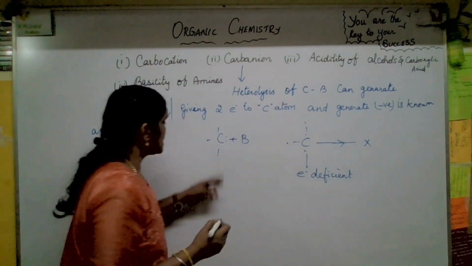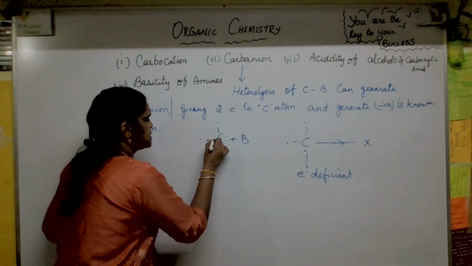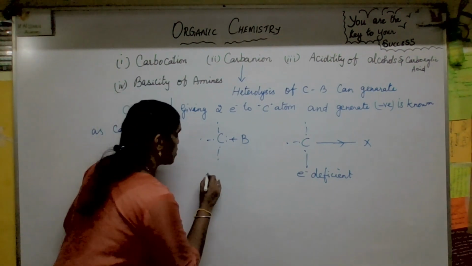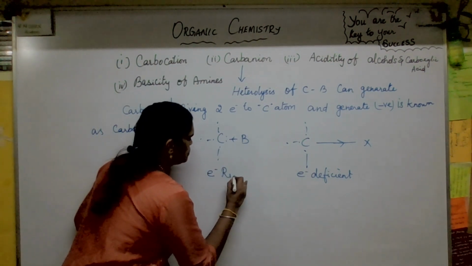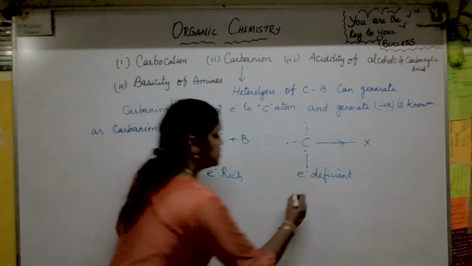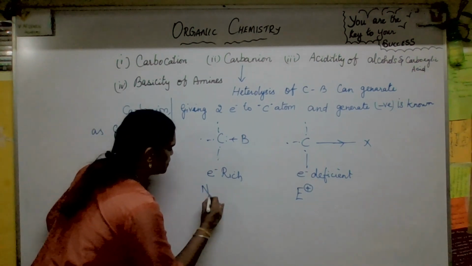But whereas here, electrons are coming towards the carbon, so here already 6 is there and here 2, so 8 electrons. So that means this is electron rich. So electron deficient and electron rich, I hope you will come to know. I just mentioned the symbol and this is what it is.